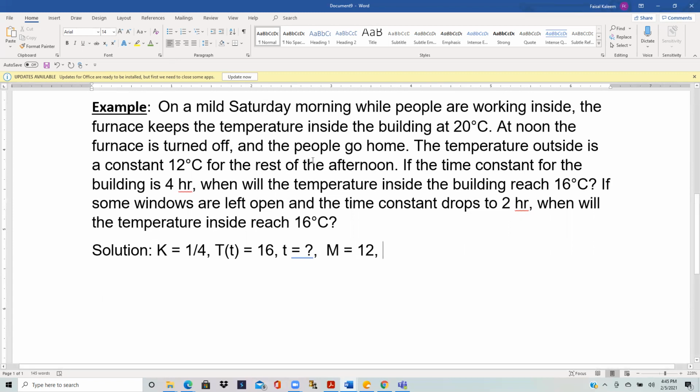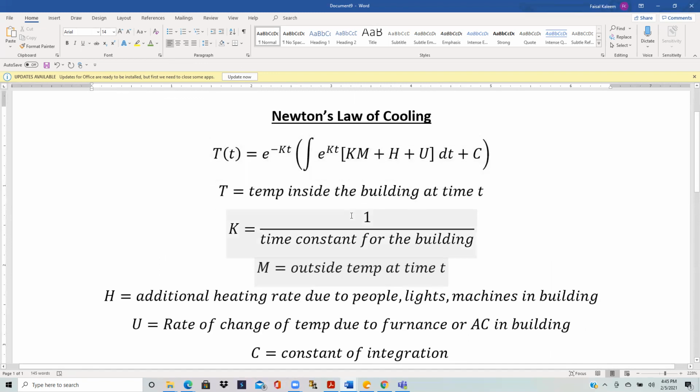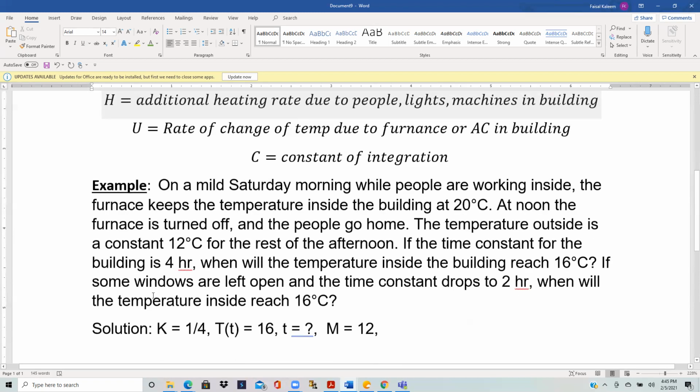We have taken this into account. And then the only thing that's left is, let's go here and see if we know everything. H is the additional heating rate due to people, lights, and machines in the building.